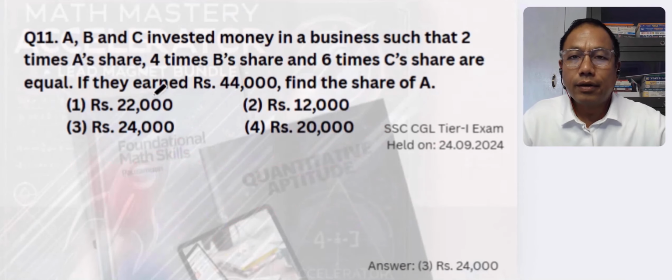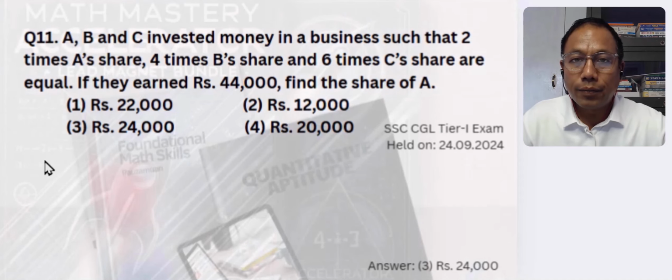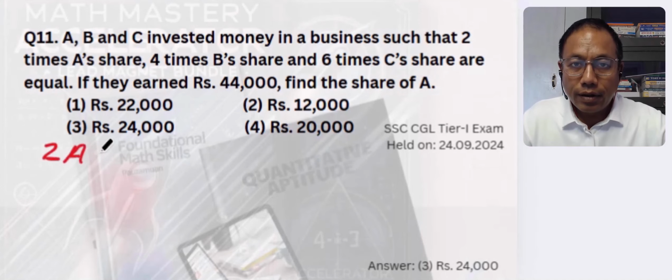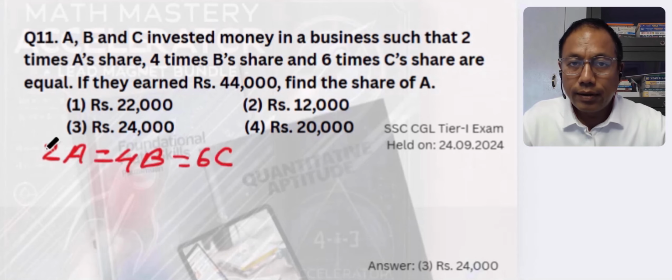Question number 11. A, B, and C invest money in the business such that 2 times A's share, 4 times B's share, and 6 times C's share are equal. 2 times A's share equals 4 times B's share equals 6 times C's share. I can cancel 2. 2 twos are 4, 2 threes are 6.